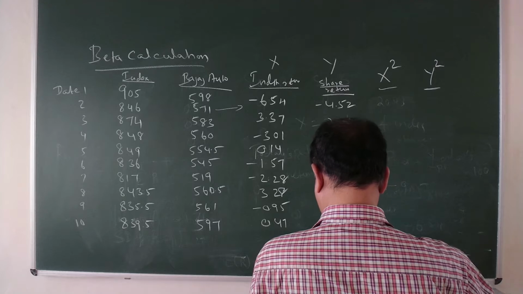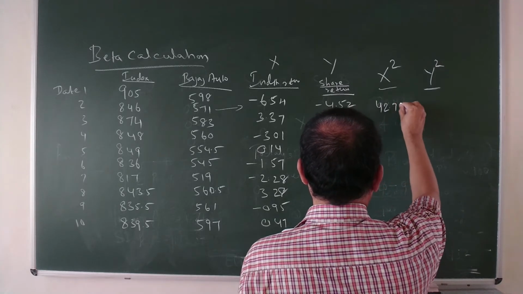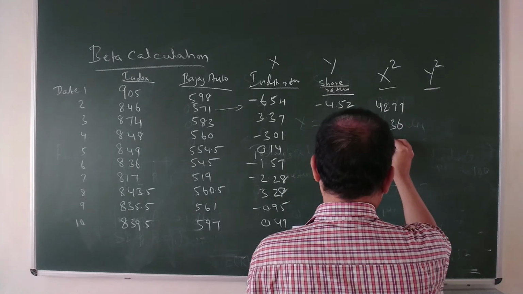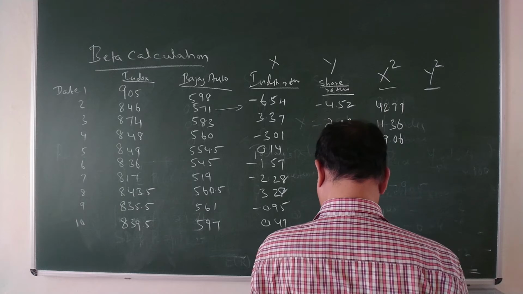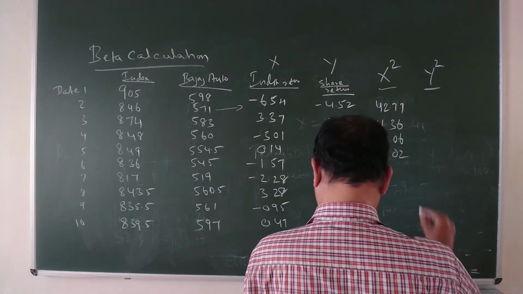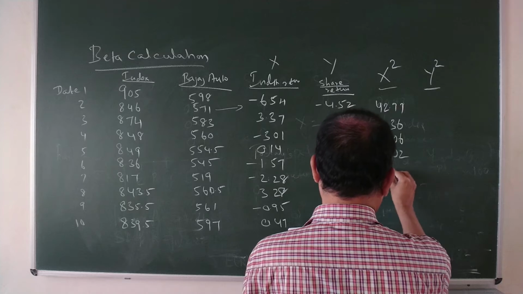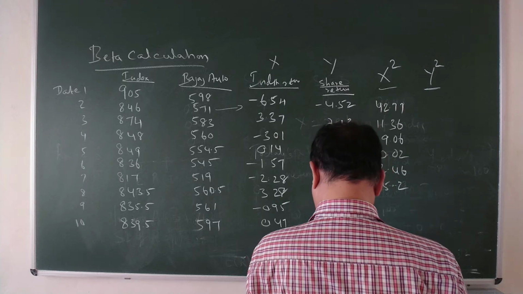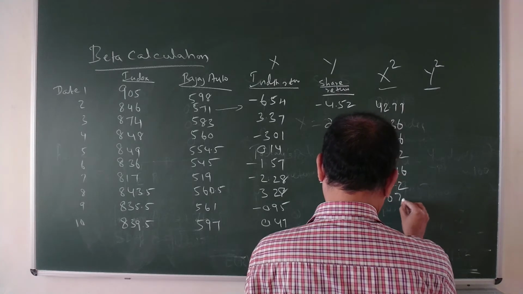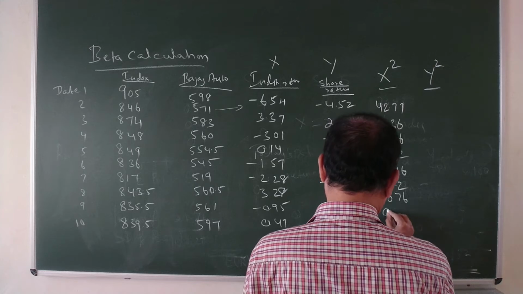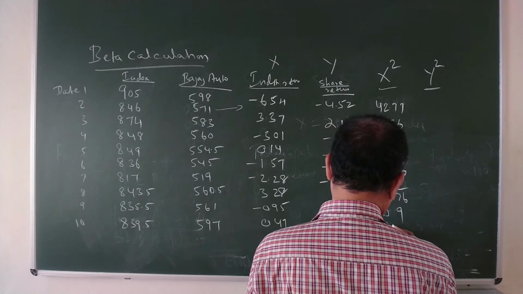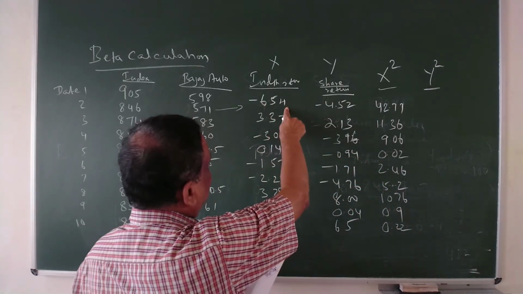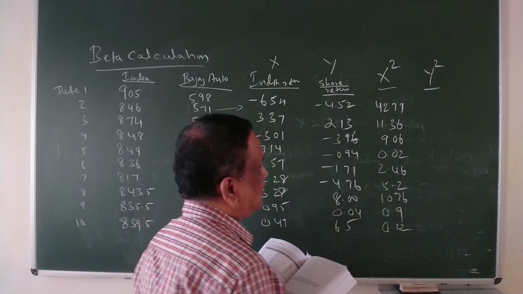So x square would be 42.77, 11.36, 9.06, 0.02, 2.46, 5.2, 10.76, 0.9, 0.22. So this is x square, that is minus 6.54 into minus 6.54, you will get 42.77.